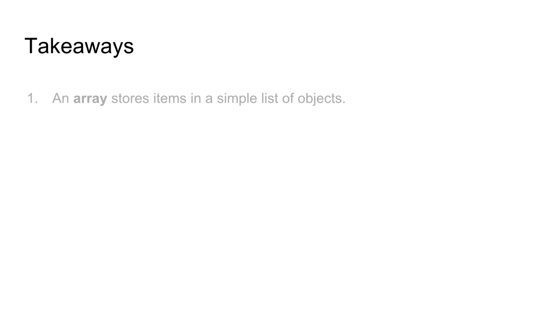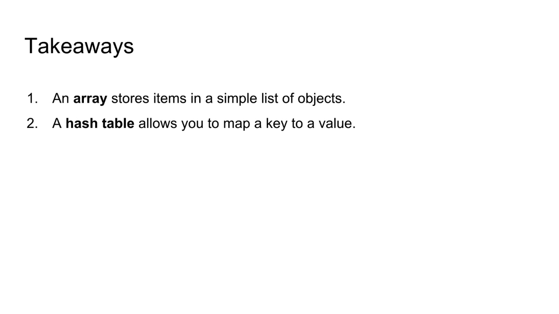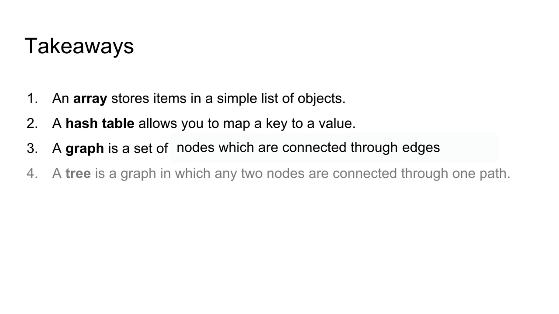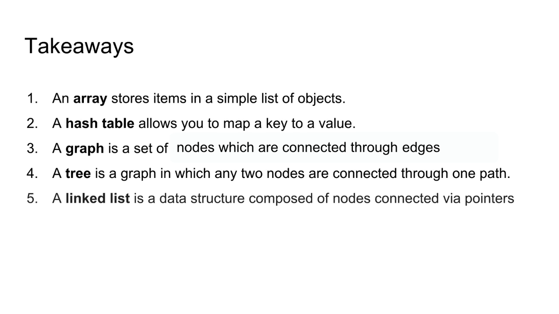Let's recap the takeaways. An array stores items in a simple list of objects. A hash table is sometimes called a dictionary or hash map and allows you to map a key to a value. A graph is a set of nodes which are connected through edges. A tree is a type of graph in which any two nodes are connected through one path.